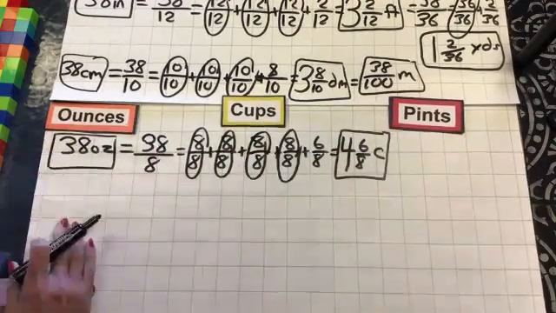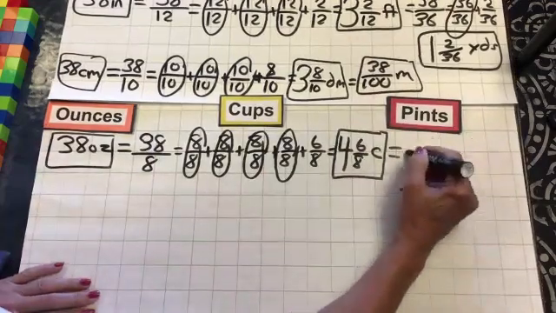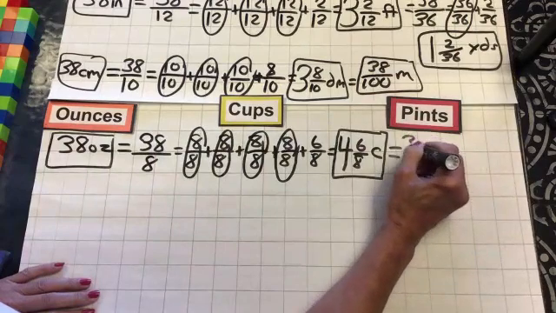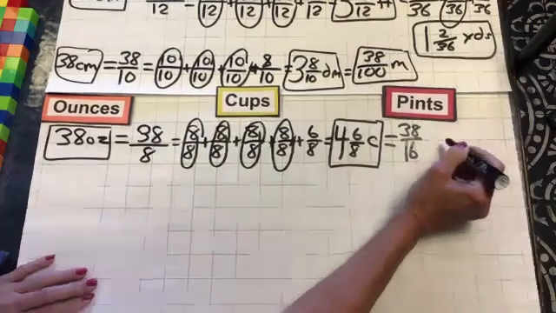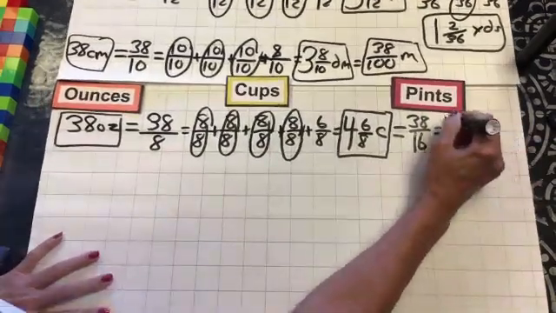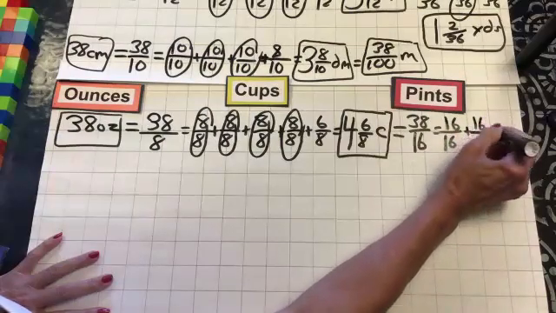So we know 38 ounces equal 4 6/8 cups, which equal, and it takes 16 ounces to make a pint. So we're going to put that over that, 38 over 16. And now we're going to create this addition problem, which is 16 over 16 plus 16 over 16.